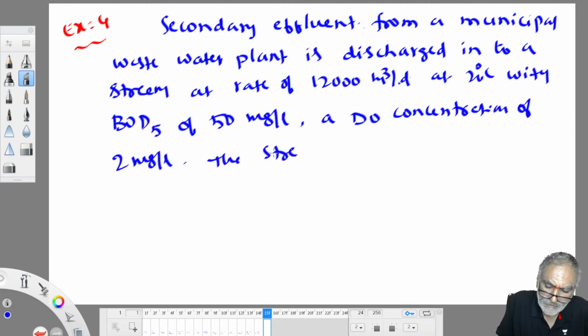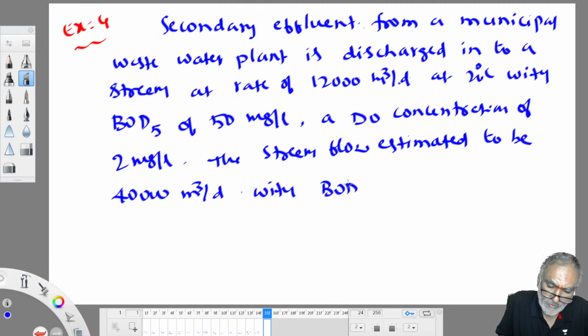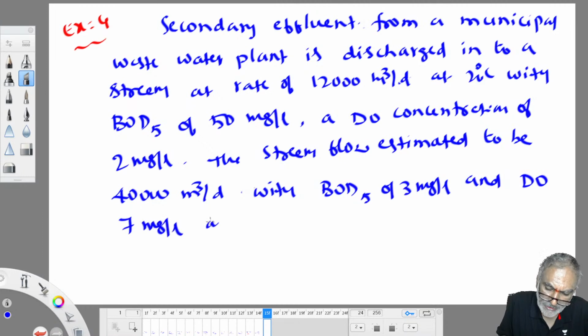The stream flow is estimated to be 40,000 meter cube per day, with BOD5 of 3 milligram per liter and DO of 7 milligram per liter at 20 degrees Celsius.